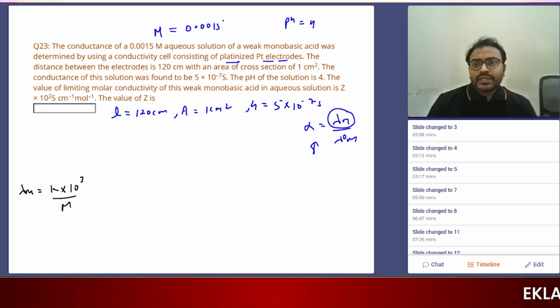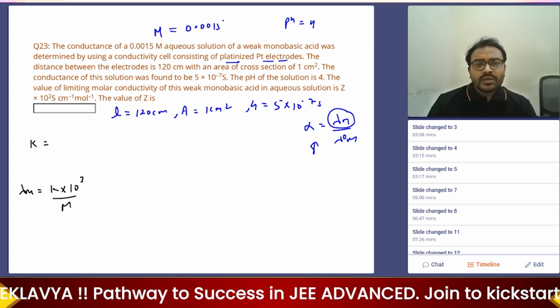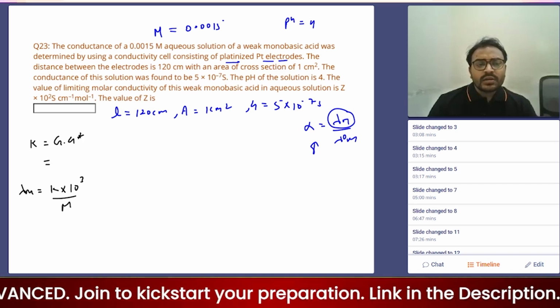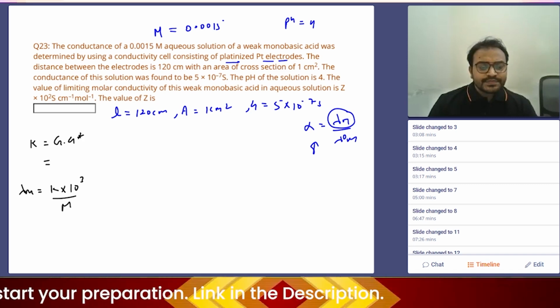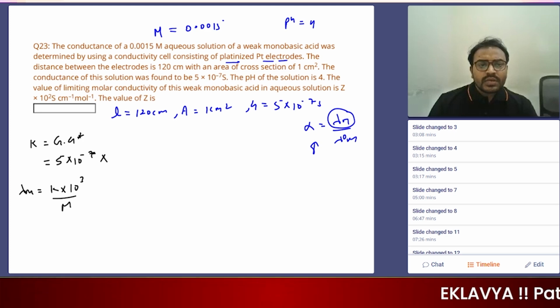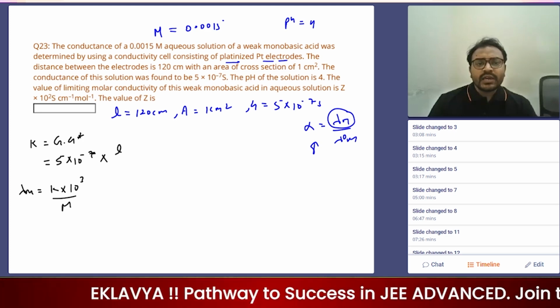But kappa is not given, concentration given. But kappa we can find out from the conductance and cell constant, because kappa is equal to conductance into cell constant G star. So G is conductance, 5 into 10 to the power of minus 7, into cell constant.